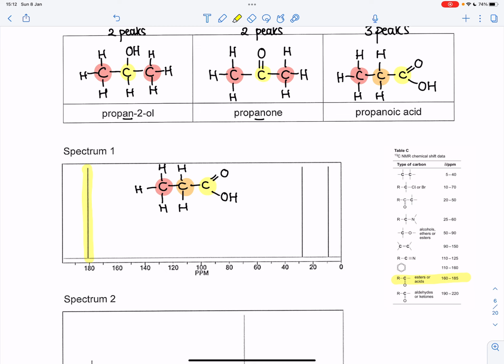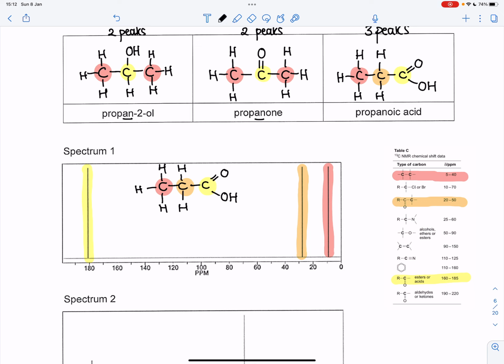Our second carbon type here, our orange carbon, is living next door, adjacent to the carboxylic acid, and if we look on our data sheet, we can see that that comes between 20 and 50, and we've got a peak here between 20 and 50. And then our last type, which is just a carbon joined to another carbon chain, 5 to 40, would be this peak here. So our spectrum does match up.